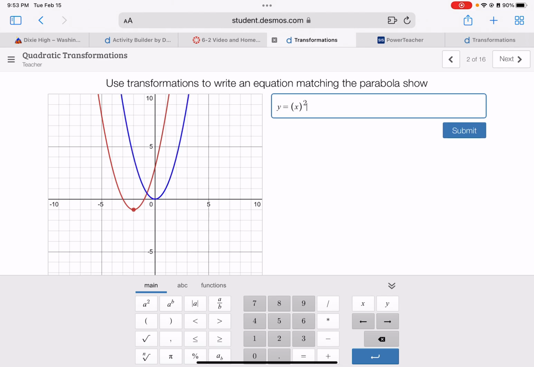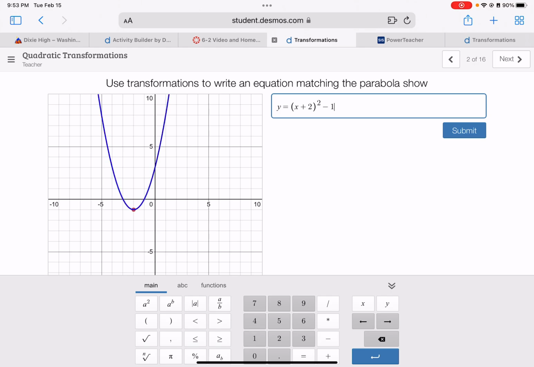And then see, how am I going to change it? All right, so I need to move it left and I need to move it down. So to move it left, I'm going to add 2. Okay, that moved it left, good. And now to move it down, I need to subtract 1.